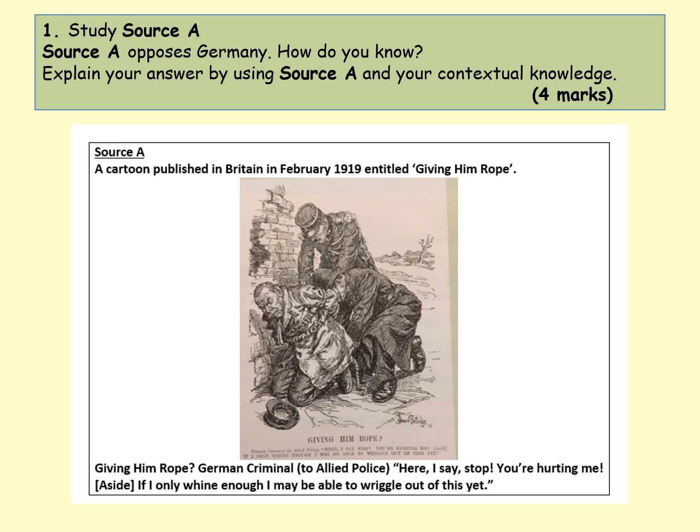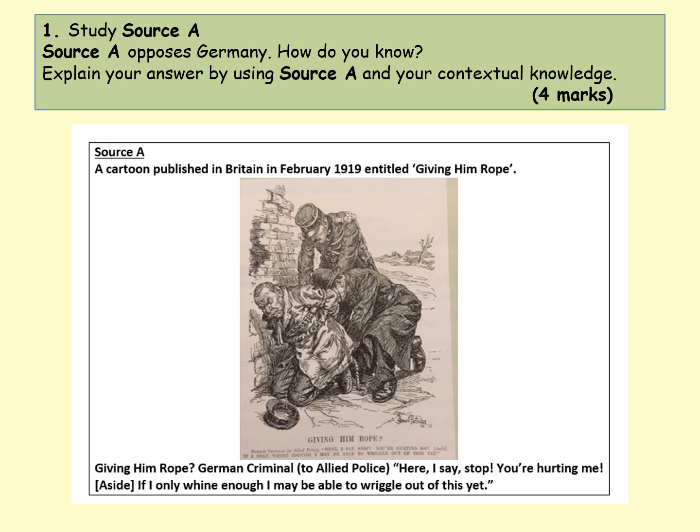So that's basically what the source is saying. And obviously, with the Allies being portrayed as policemen, the inference there is that Germany is a criminal in this source. So that's some of the evidence for how we would know that the source opposes Germany.